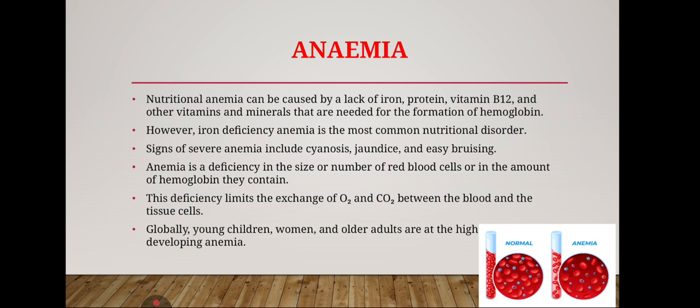In that process, the oxygen enters into our blood and circulates to all the tissues in our body. So in this exchange of oxygen and carbon dioxide, if we lack red blood cells, those persons are said to be anemic patients. It generally occurs in young children, women, and adults, and mostly in pregnant women.